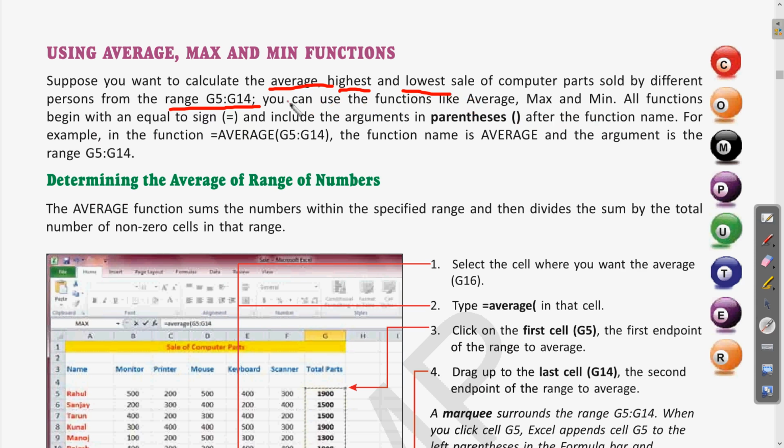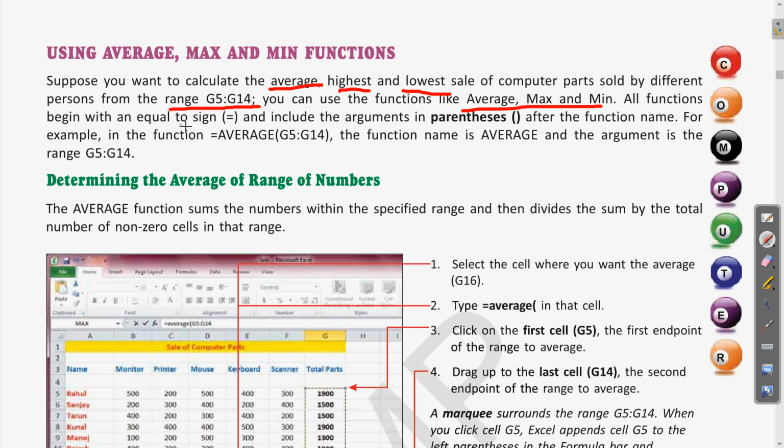So for all these operations, that is average, highest and lowest, we are going to use the functions average, max and min. These are the names of the functions which we will use. All functions begin with an equal sign and include the argument within parentheses.